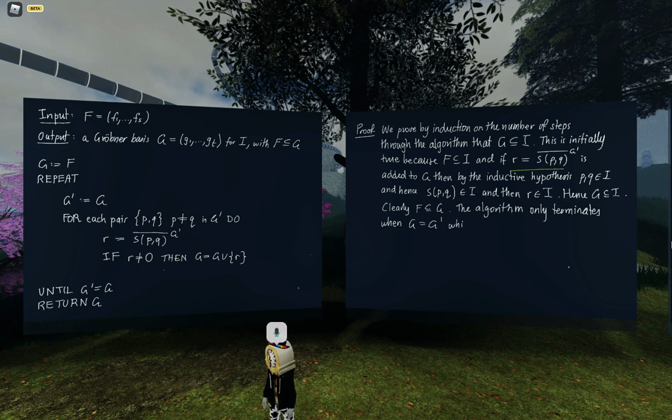And that means that we looked in the for loop through every pair of distinct elements, we computed the remainders, and we got 0.